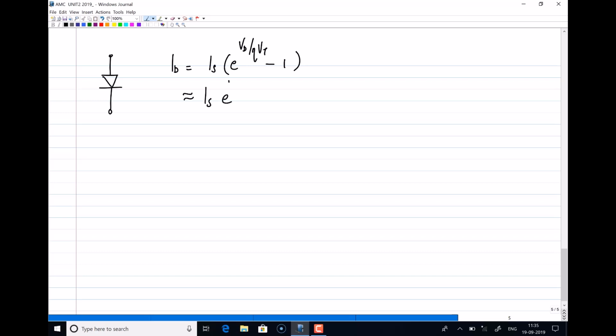Generally we write this with a minus 1, or approximately we write this as IS into e to the power VD by eta VT, where VT is the volt equivalent of temperature, and IS is called the saturation current.